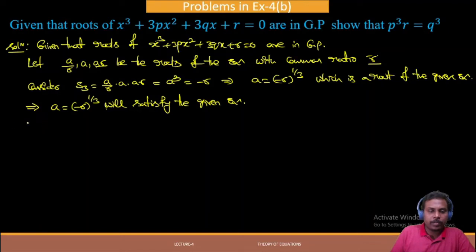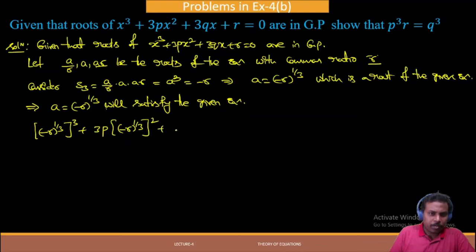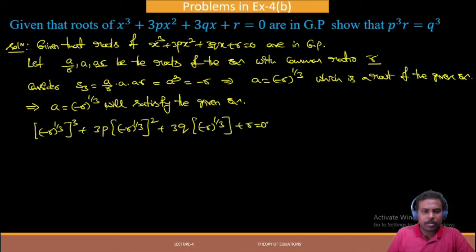Okay, so let me substitute in this equation. Then I get minus r whole to the power 1 by 3 whole to the power 3 plus 3p into minus r whole to the power 1 by 3 whole square plus 3q into minus r whole to the power 1 by 3 plus r is equal to 0.